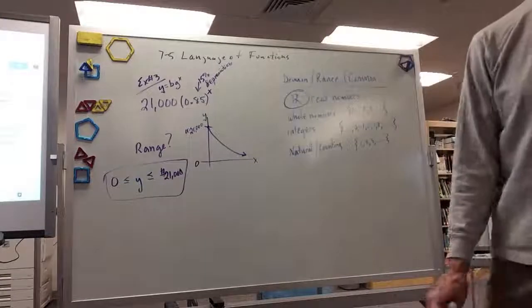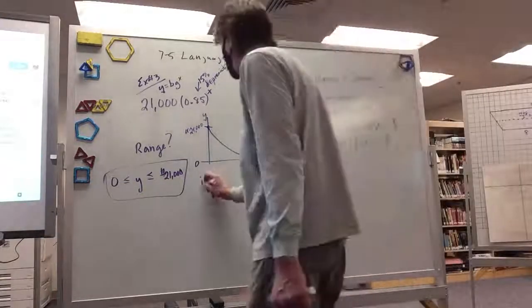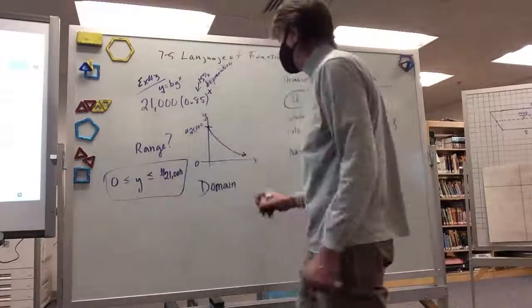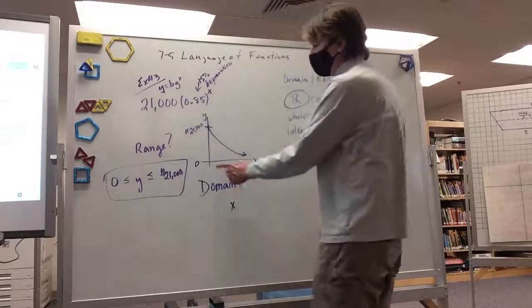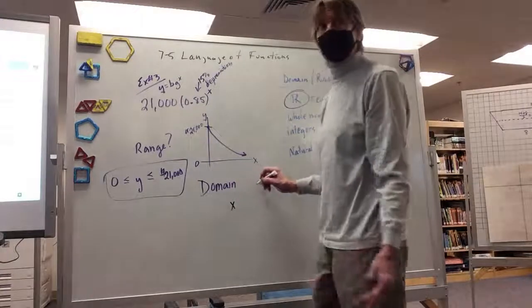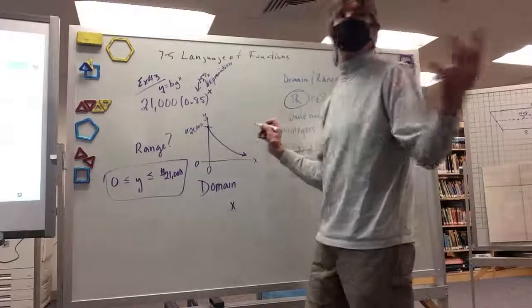We can also write domains like that. If we were going to do the domain, we would write it in this form. And they ask us to do this quite a bit. The domain would be the x values, and where do they start? What's the smallest x value? 0. And then it's going to go out to something.